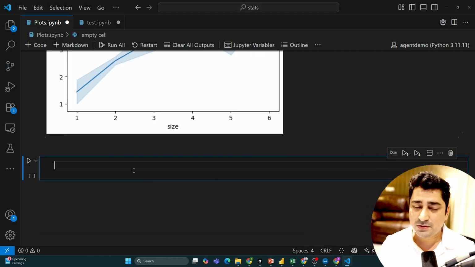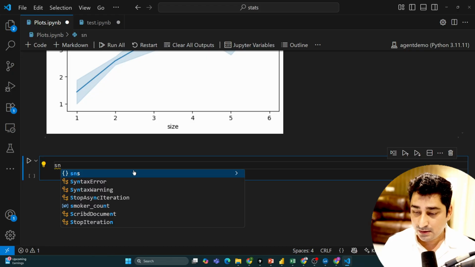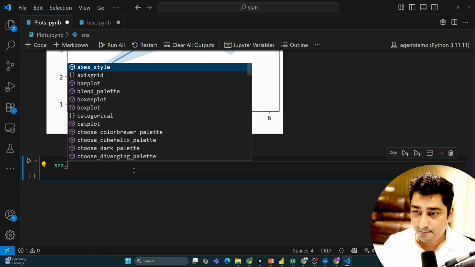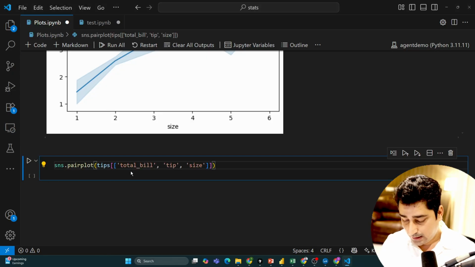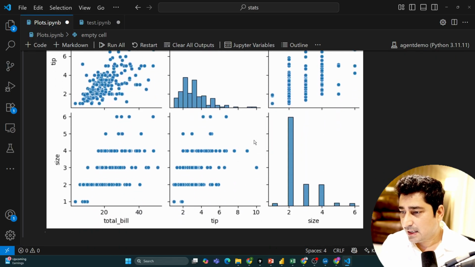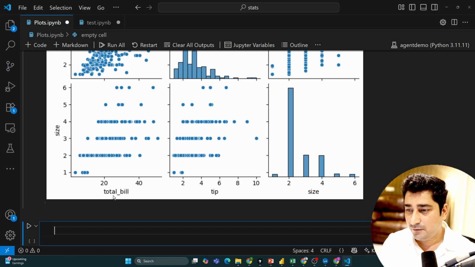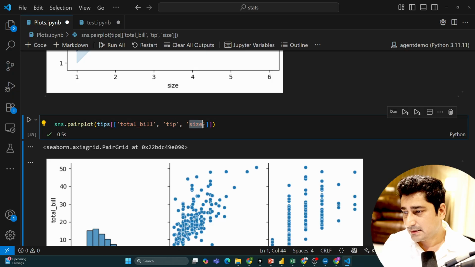Now let's try to do some other plot over here, which is called as a pair plot. So let me show you this. I have prepared for you. So let me call a pair plot directly. So this is basically called as a pair plot, where I have passed 3 columns, total bill, tips and size.